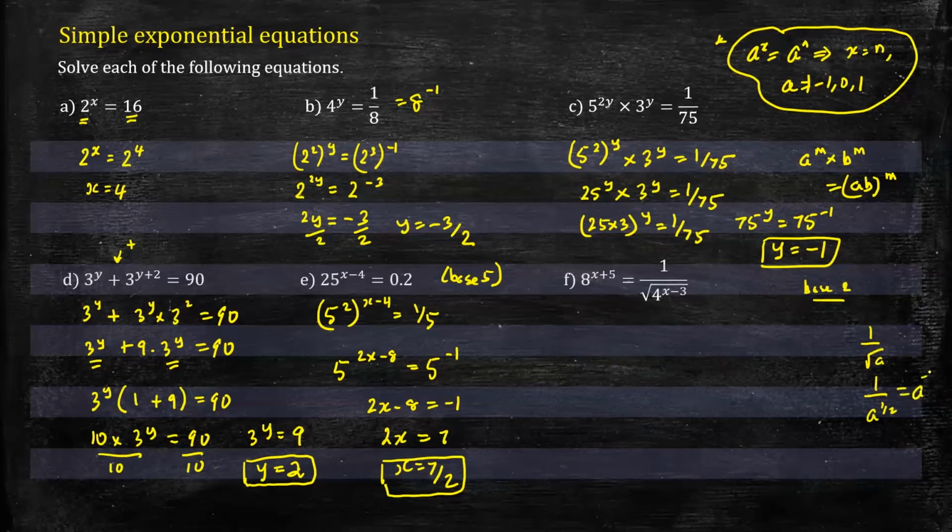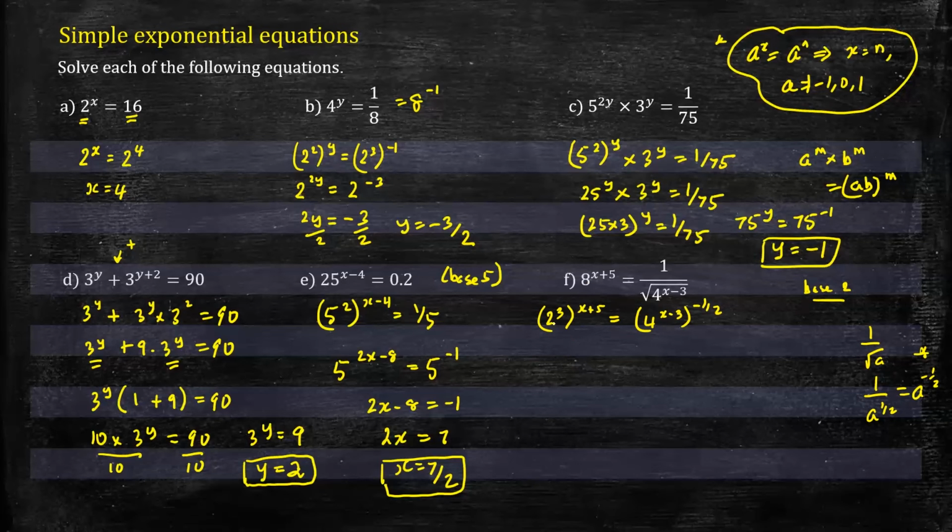And that's the same as writing 8 to negative a half. So we need to make that change on the right side. So 8 is 2 cubed, to the power x plus 5 equals 4 to the power x minus 3, to the negative a half, using this idea on the right side here.